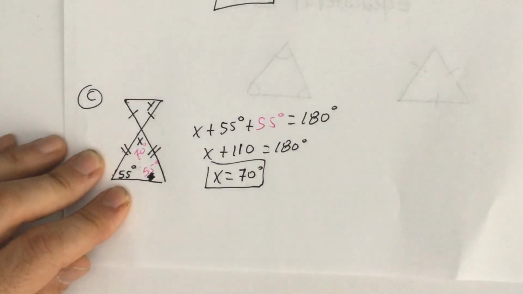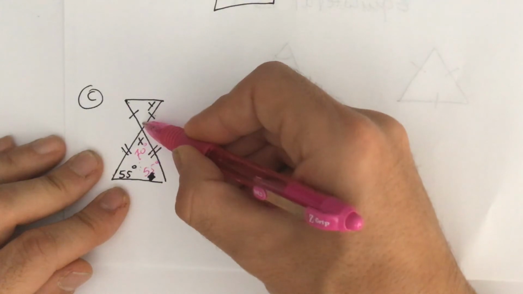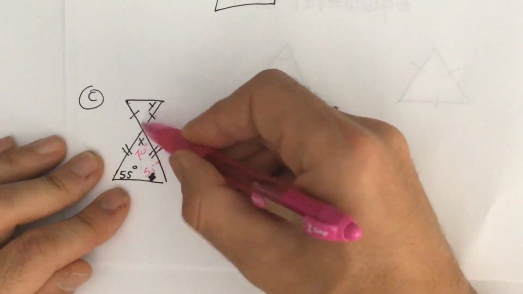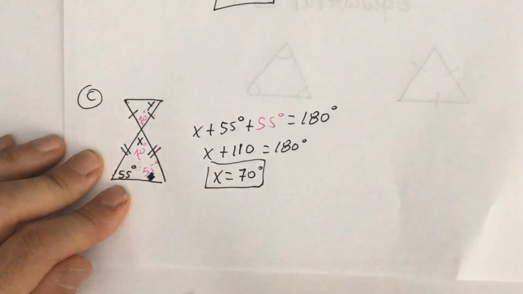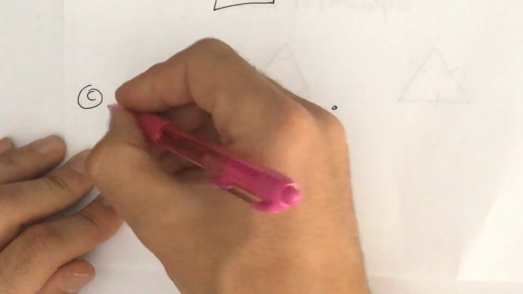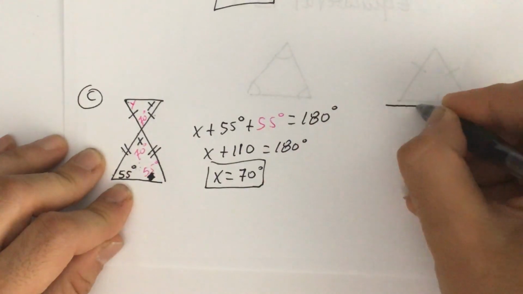Well, I know this is going to be 70. Why I know this is going to be 70? Because vertical angles are congruent to each other. So now, and also I know that this is going to be y. So let me draw this triangle again so you guys can see it.